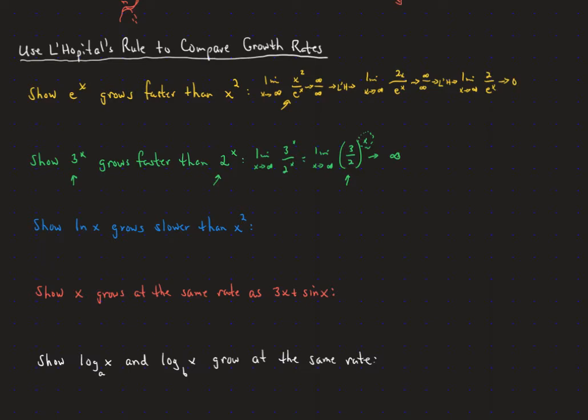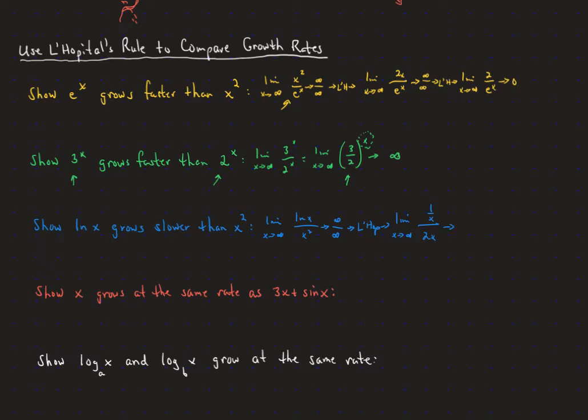For natural log x and x squared, we can again take the limit as x goes to infinity of natural log x over x squared. That is going to be infinity over infinity initially. So we'll use L'Hopital's rule, and we'll take the limit as x goes to infinity of 1 over x from the derivative of natural log x, over 2x from the derivative of x squared.